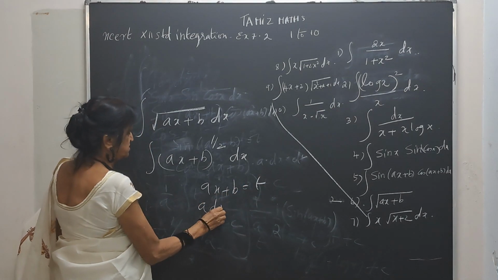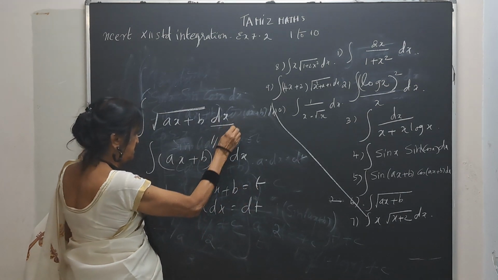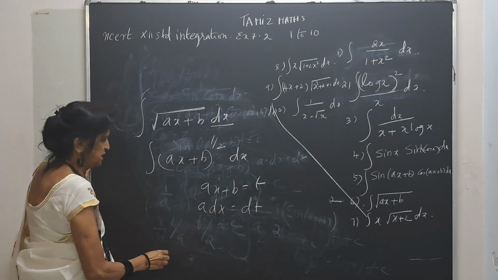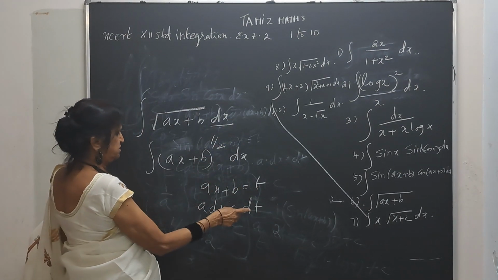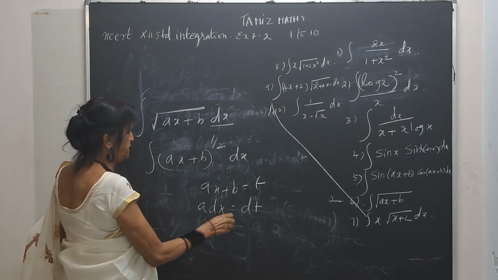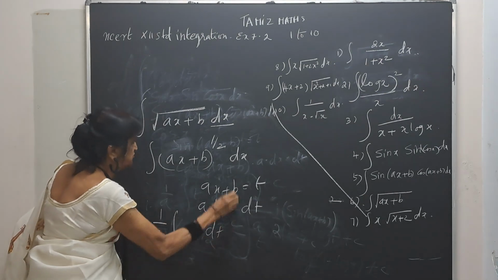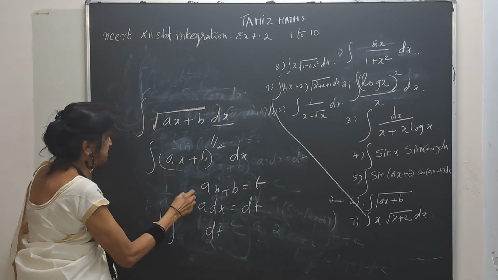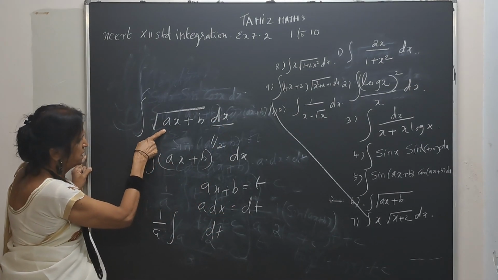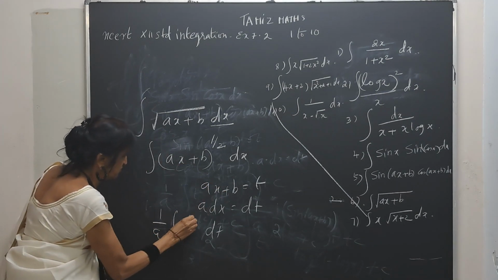A dx is dt. What is dt? A dx, I'm sorry. So what is dx? 1 by a dt. And what is this? Ax plus b is t, no? So this is t power half.